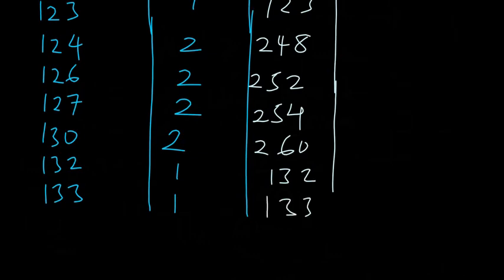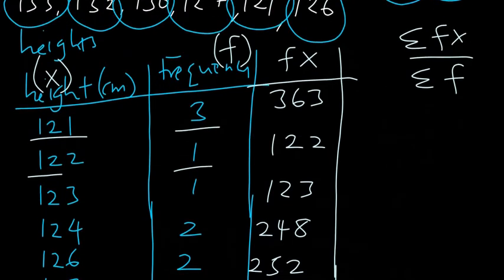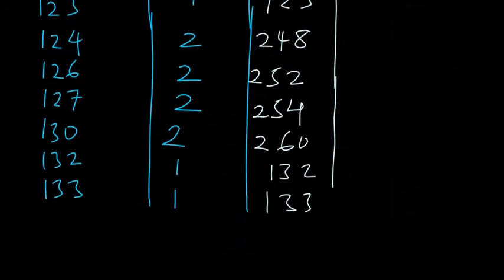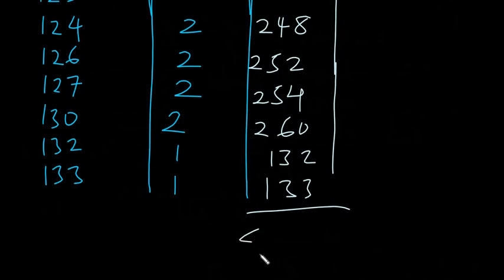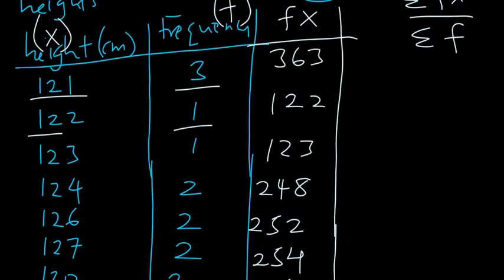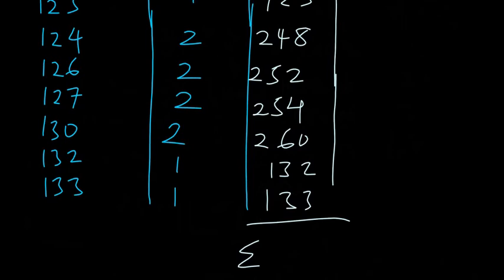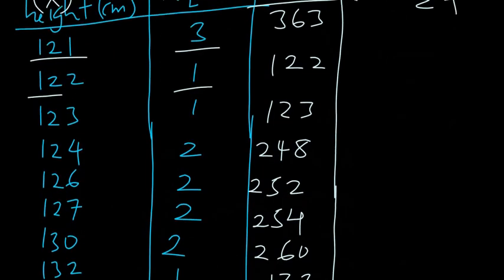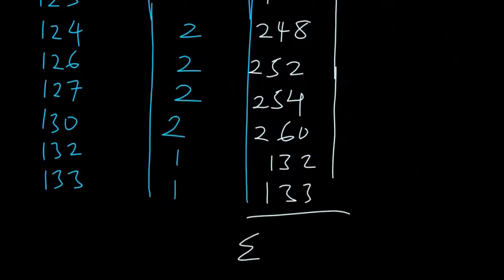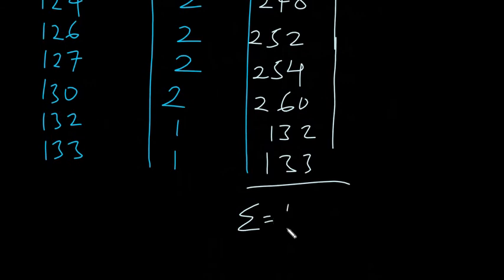Alright, so we have filled in the fx column, and we need to get the summation of this column. We add all these values together, 363 plus 122 and so on. The summation of this column is 1887, I believe that is correct.